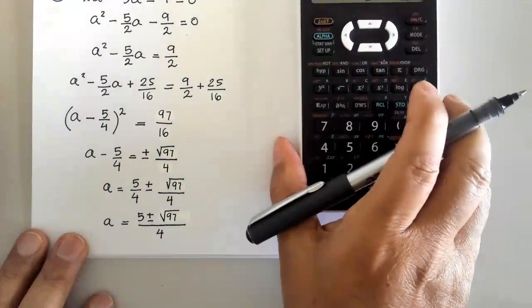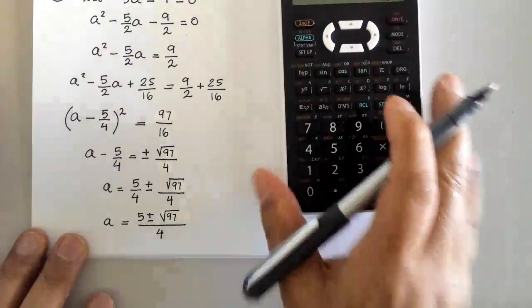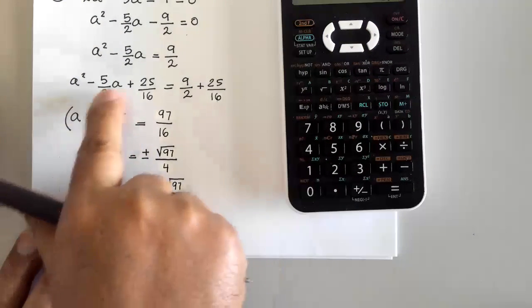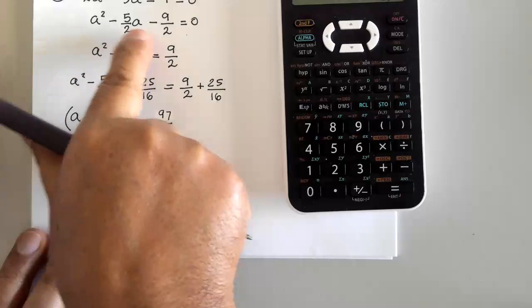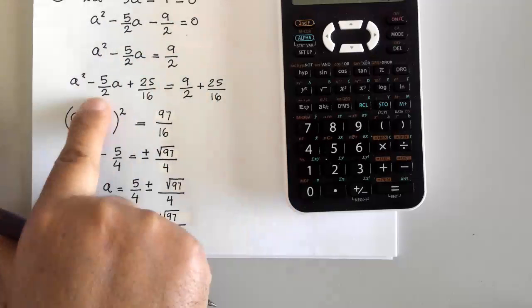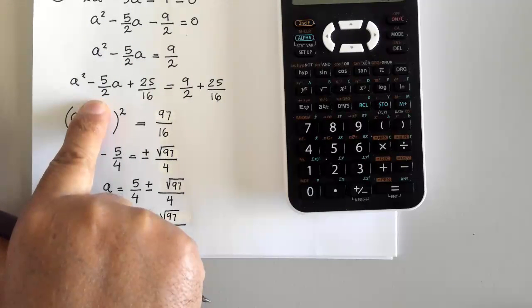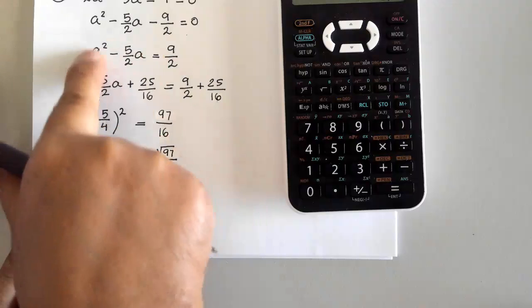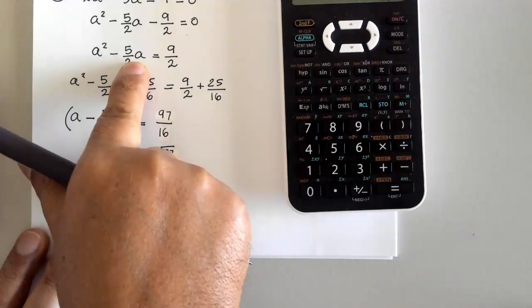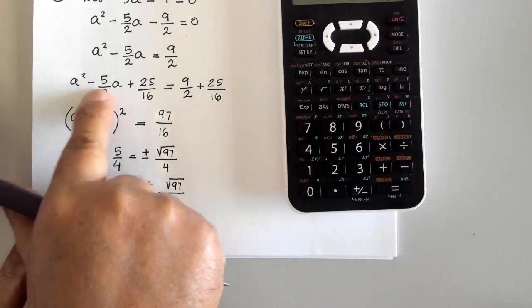Let's check what we did. So you move this over there, and then in here we need to find the third term, and to find it we divide this by 2.